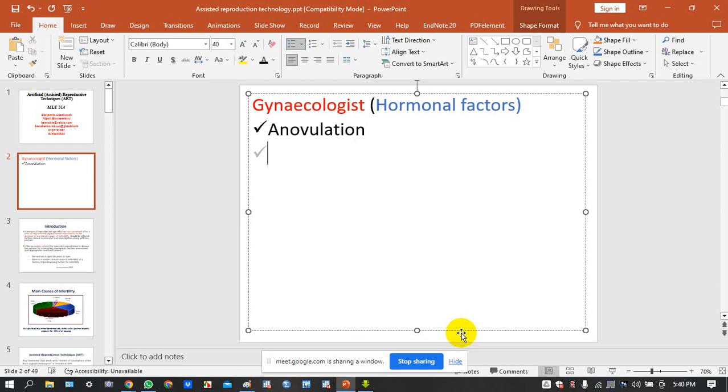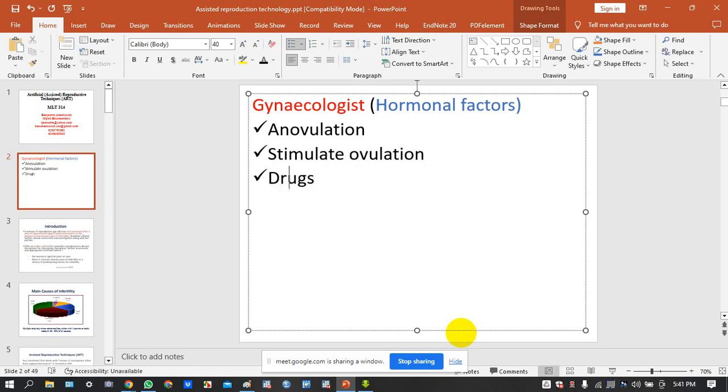So you need to trigger or stimulate ovulation. In order to stimulate ovulation, we have a lot of drugs that we use.